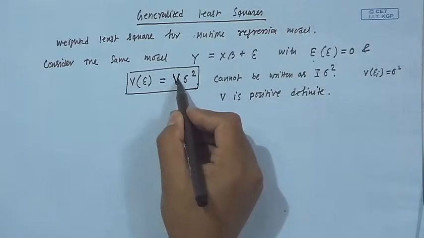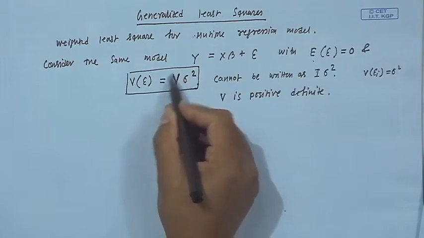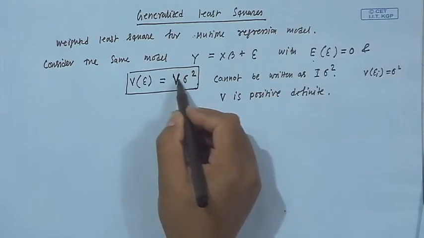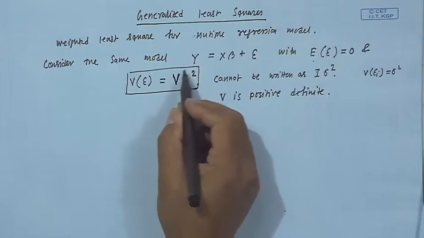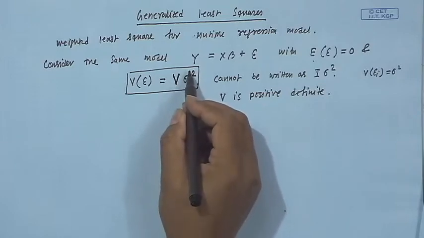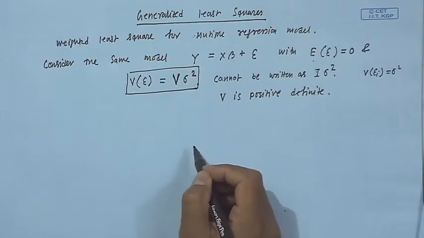That means there exists inequality in variances, and also the epsilon i's are not uncorrelated, they are correlated here. That is why V is a positive definite matrix, and it involves some non-zero off diagonal terms.